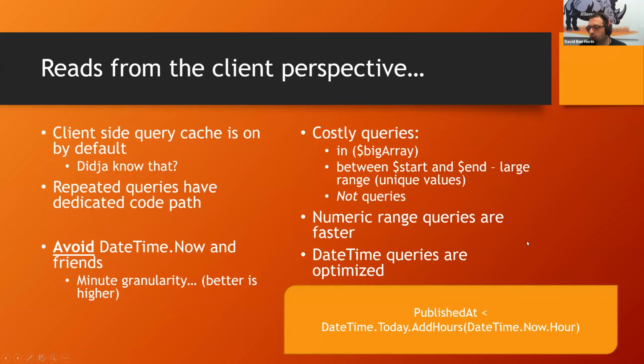Okay, so let's talk about reading from the client perspective. RavenDB has a cache by default. The general idea is that if you run the same query twice, in most cases, remember, reads are much more common than writes, we can skip actually processing the query.